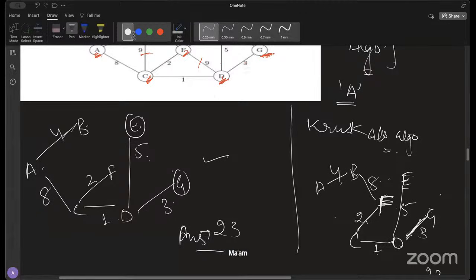Ma'am, can you start from... Are you talking, okay, is your doubt related to the infinity at diagonal or is it something else?